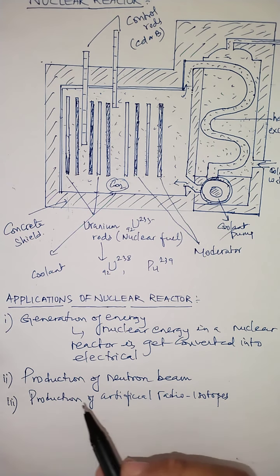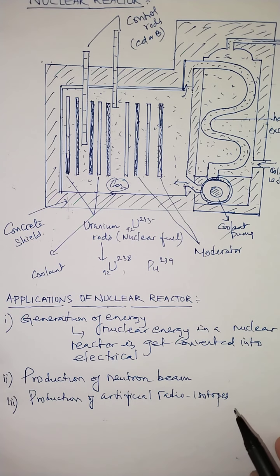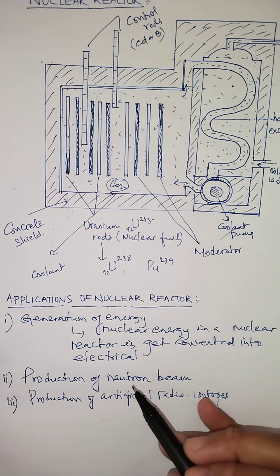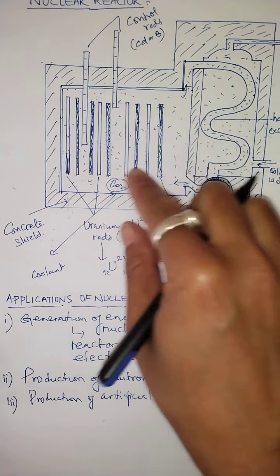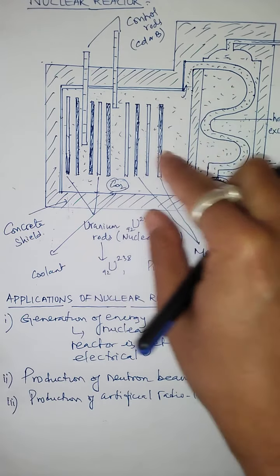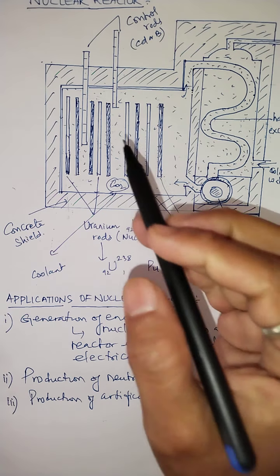Now for the production of artificial radioisotopes, we also use this nuclear reactor, because artificial radioactive isotopes of many elements can be easily produced by the nuclear reactor. So for this, the element is always placed in a nuclear reactor, and we bombard it with the fast neutrons.